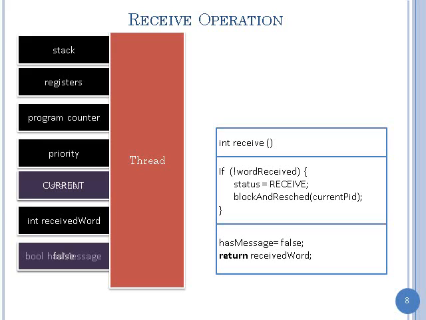So you want to put yourself not current, and you want to reschedule so that somebody else can execute. And at the end of this, when you get unblocked, you will start execution here. At this point, you say has message false and return the received word. So if you did block, you would resume at this point and you get the message. If you didn't block, you would just go here.